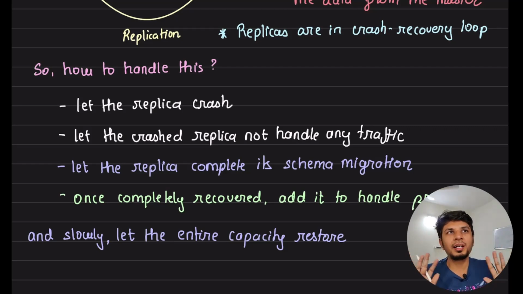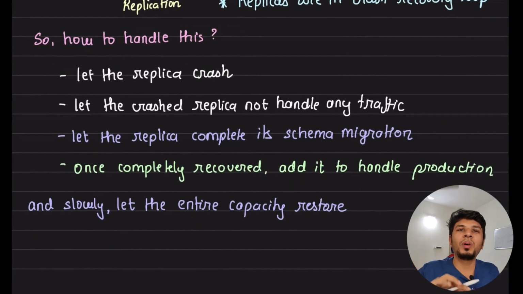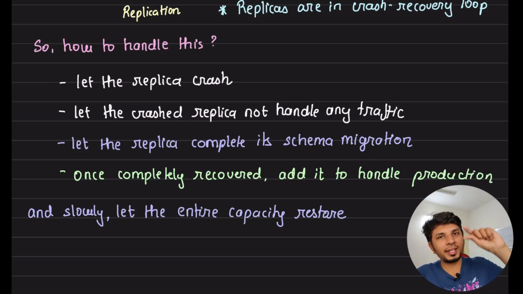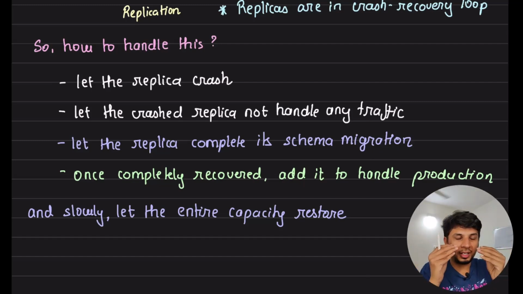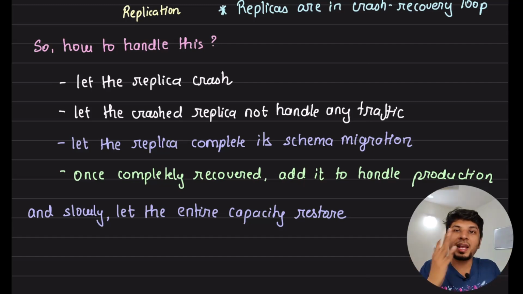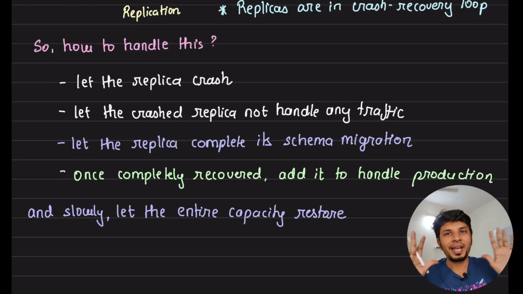Once it knew the replica had fully recovered and was not corrupted, it added that replica back into the production fleet. This way, the replica got the breathing space it was not getting because of the high read load from production traffic, so it could complete the migration with ease. And once that was done, they added the read replica back onto the production fleet.